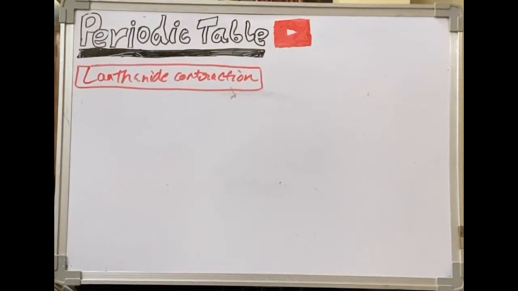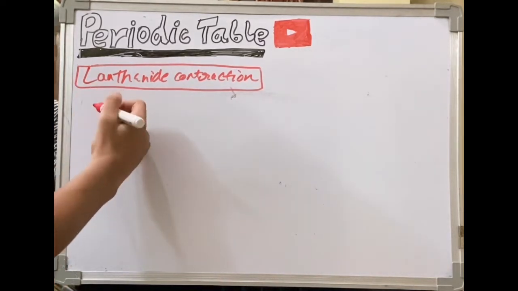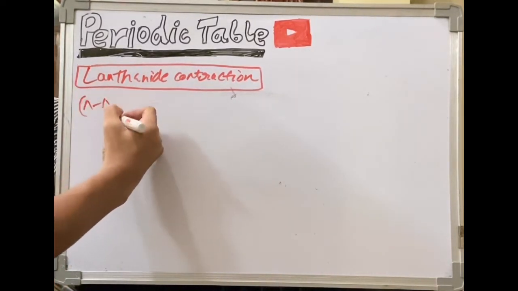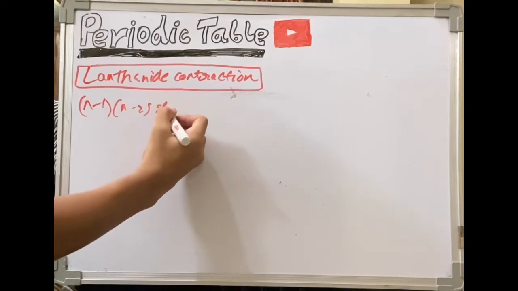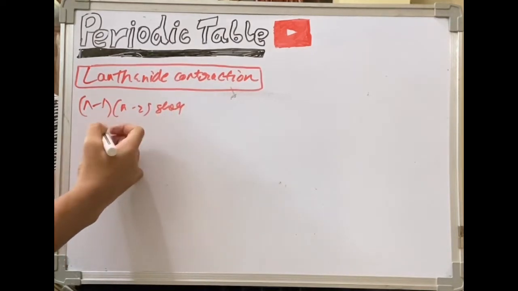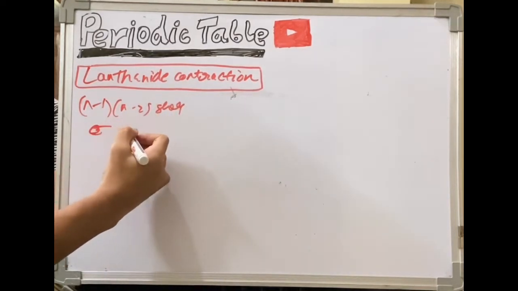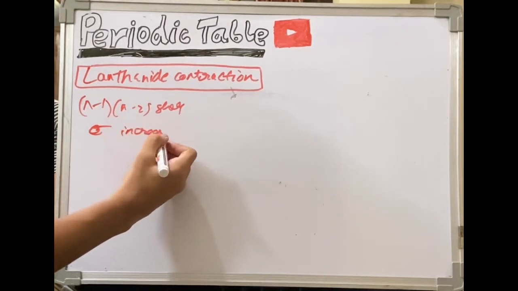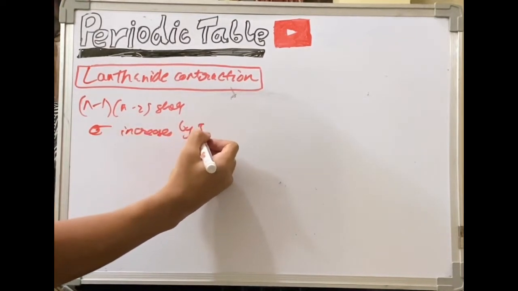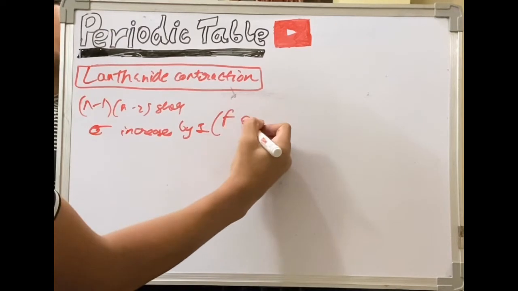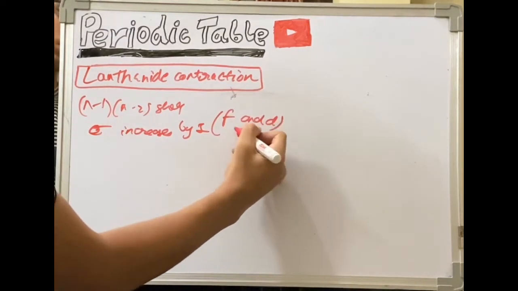Now in the lanthanide elements, the filling of the n-2 f orbitals takes place, while simultaneously the nuclear charge also increases by 1. So we knew that in the n-1 and n-2 shells, the sigma increases by 1. This was only in the f and d ones, okay?